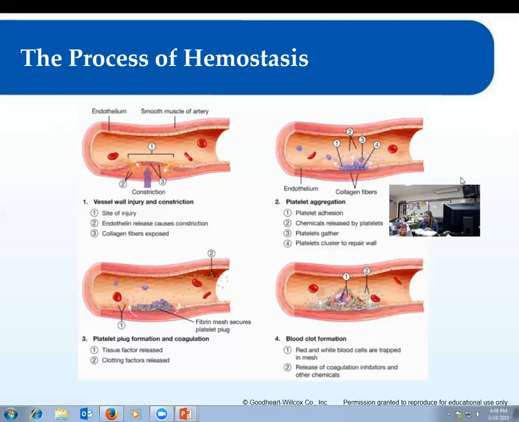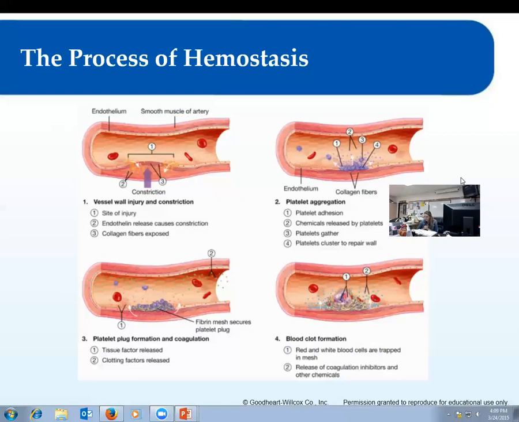The fourth thing that happens is blood clot formation. It's easy for blood clots to stick to that fibrin because it's sticky. It looks like a net, and they're just going to stick right to it. That forms the blood clot, so red and white blood cells get trapped in the mesh.